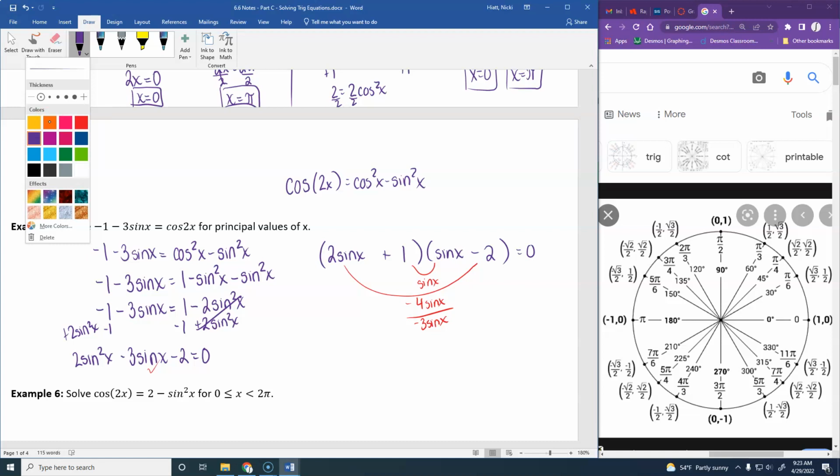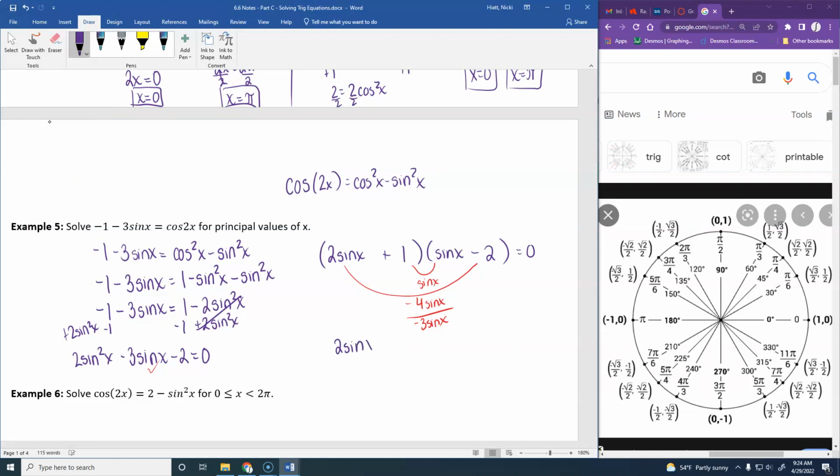So we will set each one of these equal to 0. We'll get 2 sine x plus 1 equals 0, and sine x minus 2 equals 0. So here we'll get 2 sine x equals -1, and sine x equals -1/2.